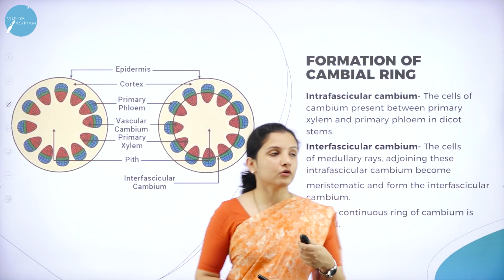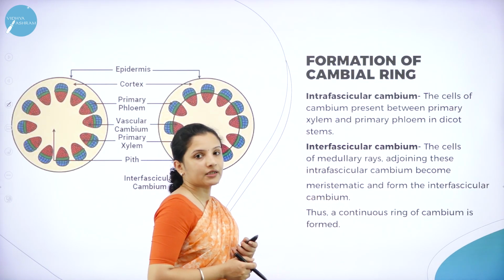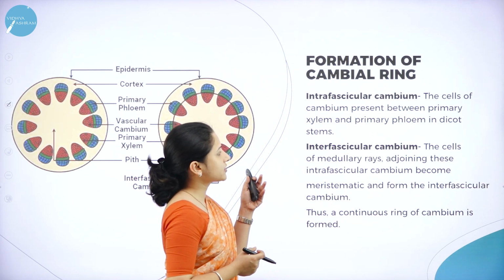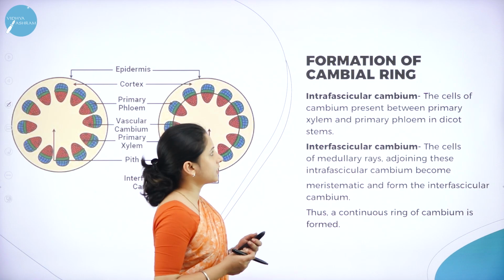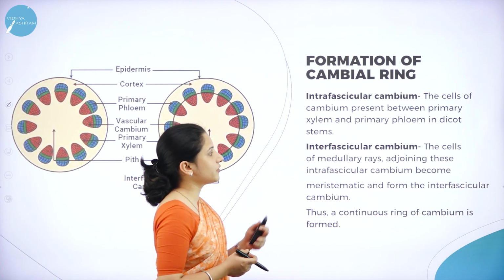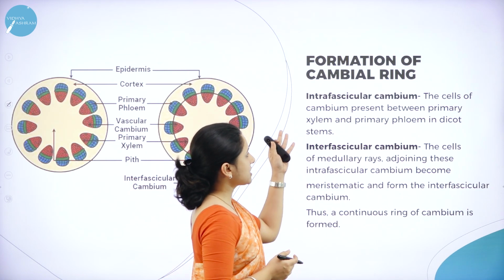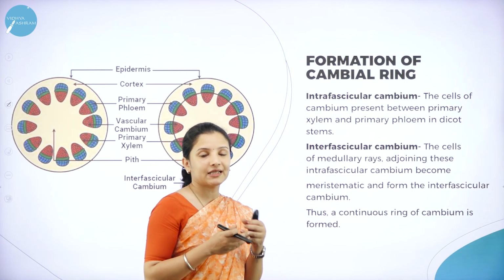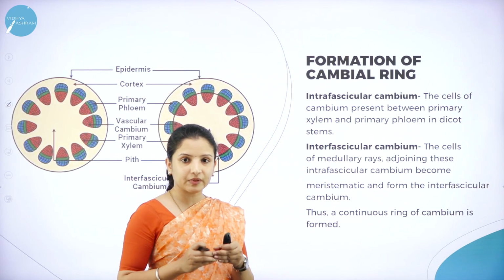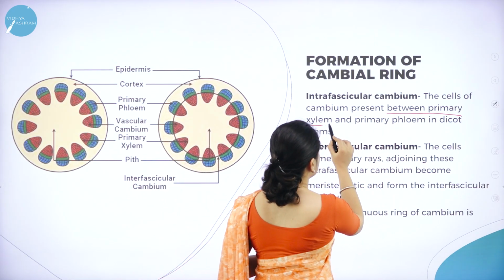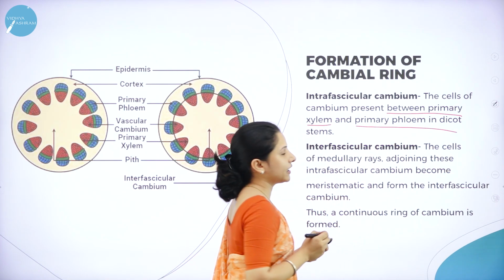Next, moving on to the formation of the cambial ring. The cambial ring is of two types, that is intrafascicular cambium and interfascicular cambium. So what is intra? Intrafascicular cambium means present in between. So where is it present? It is present in between the primary xylem and the primary phloem in dicot stems.